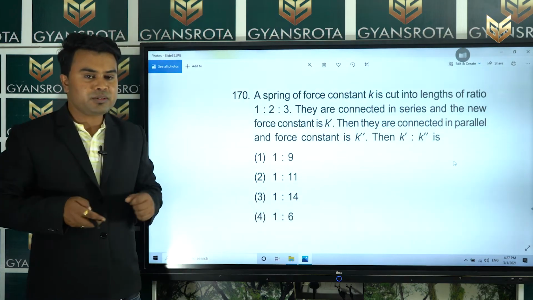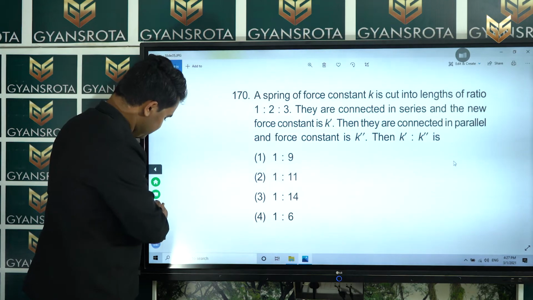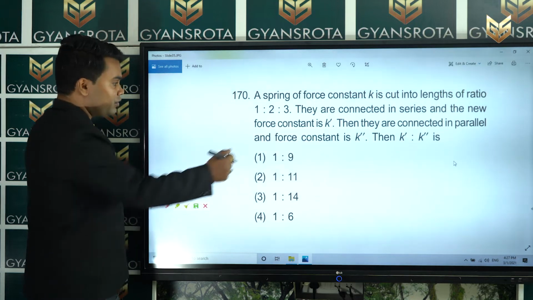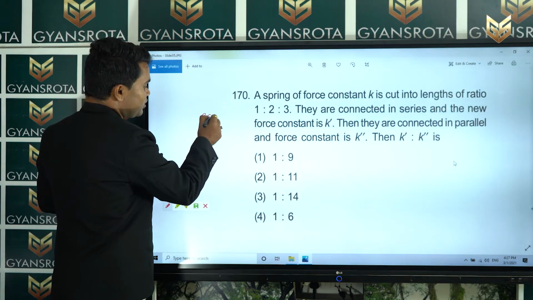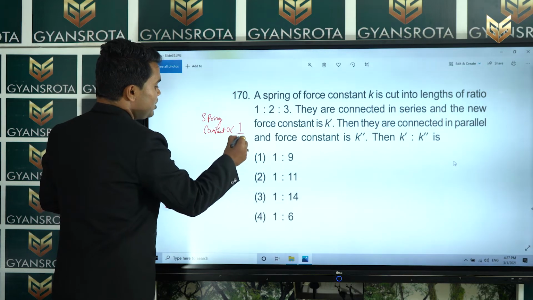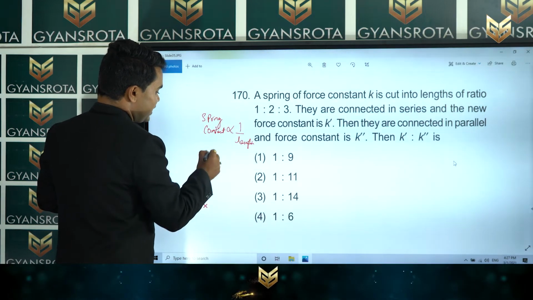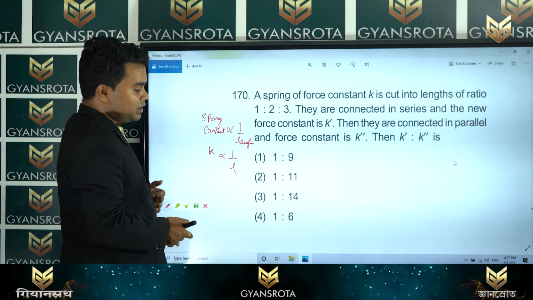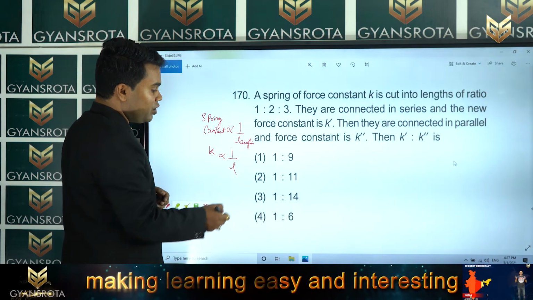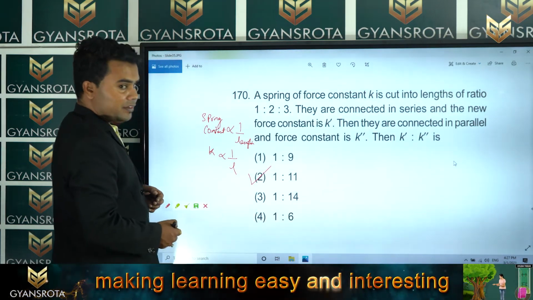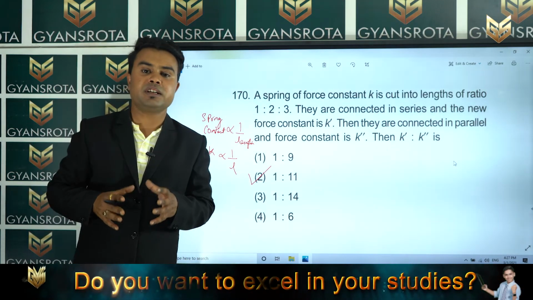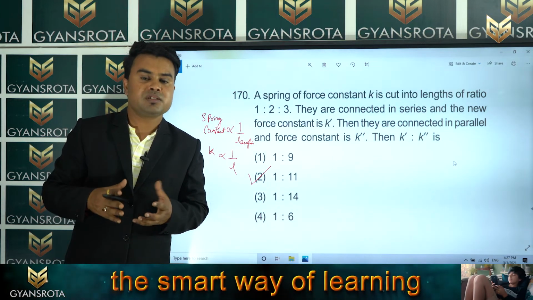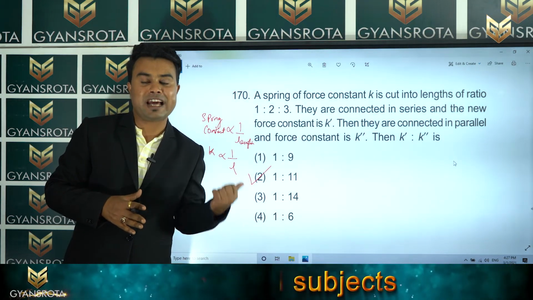One thing you need to know here: if you use this formula, the answer will come automatically. The spring constant is inversely proportional to the length, that is k is inversely proportional to L. Now put the values for 1:2:3, and you will see that your answer will come out to be 1:11. The spring constant is there in the chapter on springs, that is in simple harmonic motion. So if you study the topic nicely, you can directly get the formula.